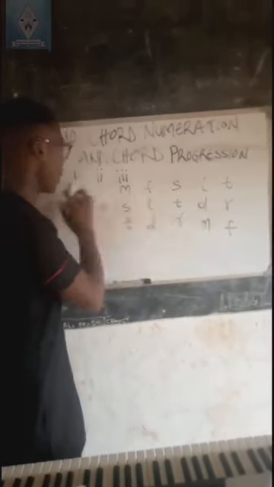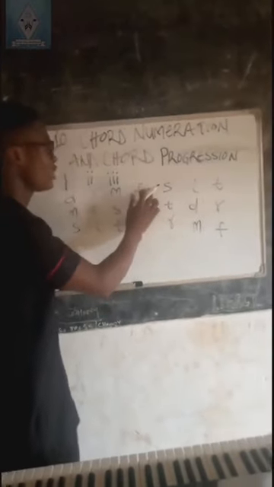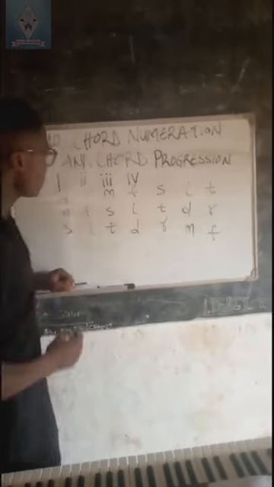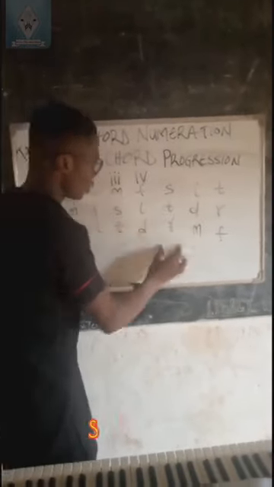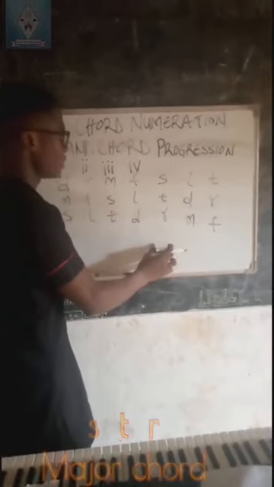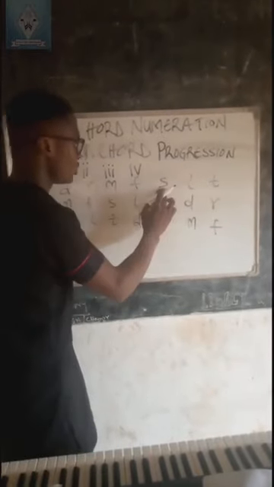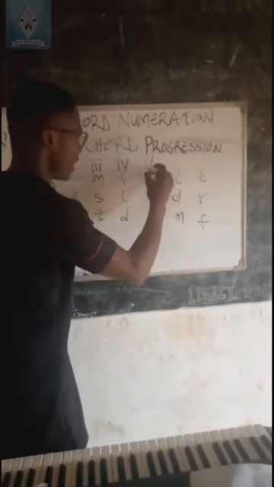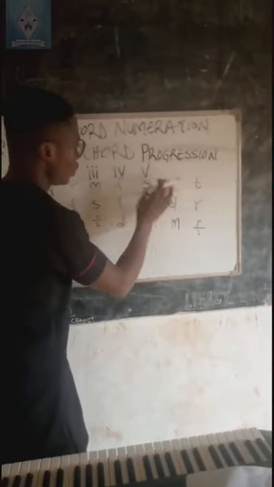Since it is major, and since it is based on fa as the root, the number should be 4, capital IV. Now, this chord is also a major chord. Since it is built on so, it should be 5, that is capital V, major fifth.